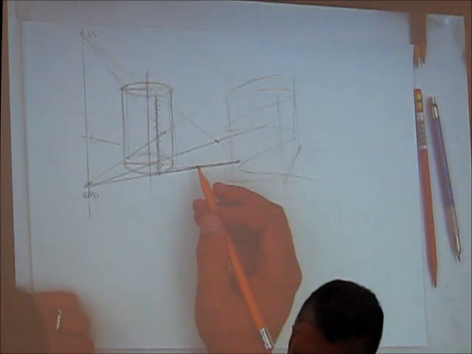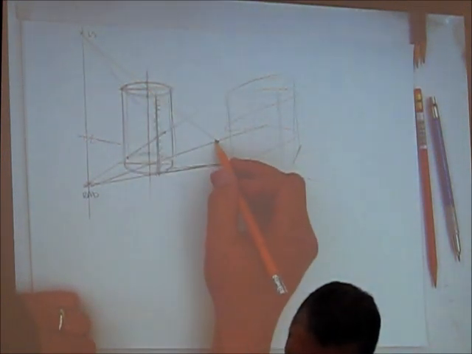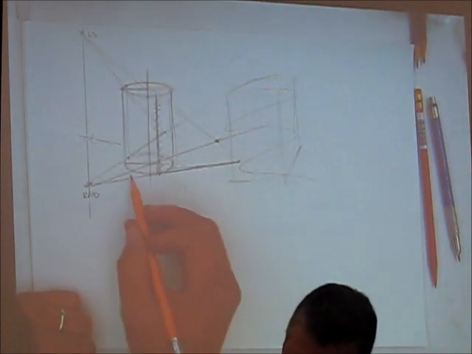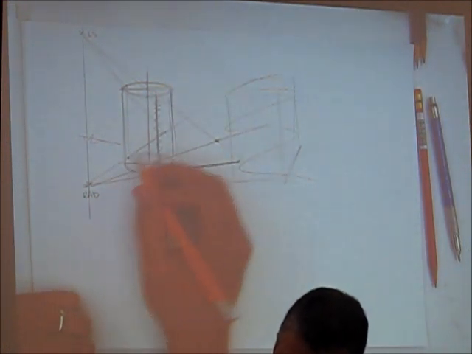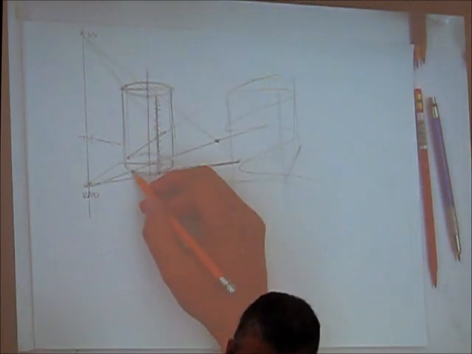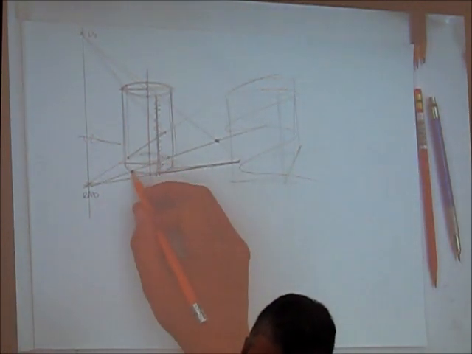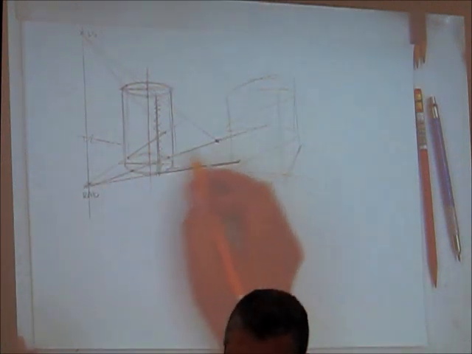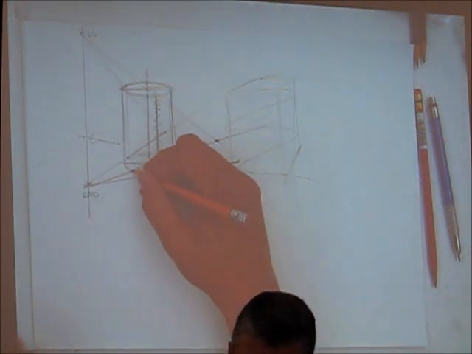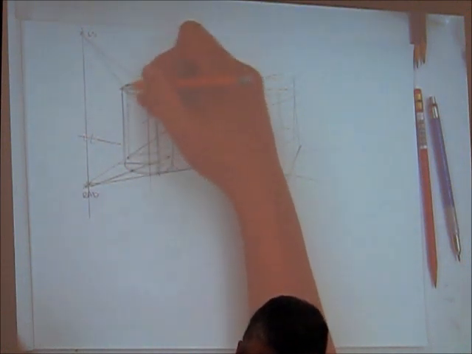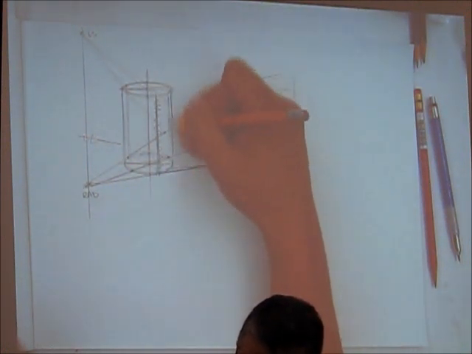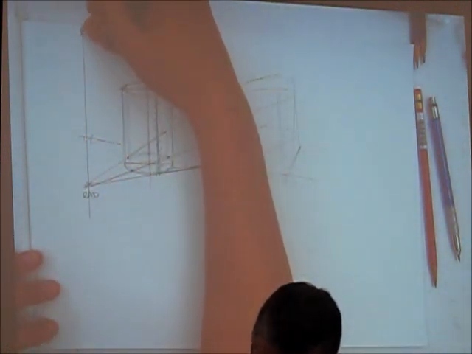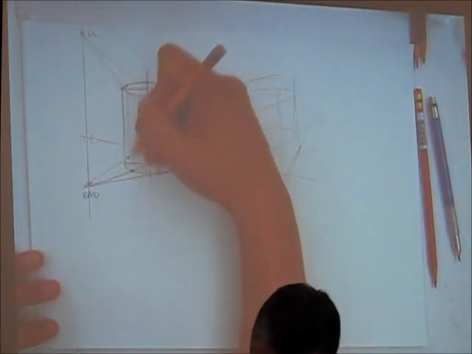Basically, what you guys end up with, this point here is the shadow of this. Here's the easiest way to do it. See these two points here, where this line is going through the base? Basically make a cross up here.